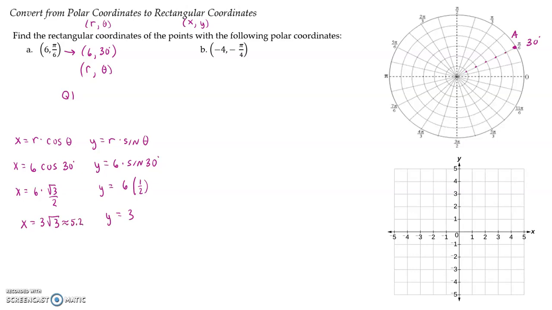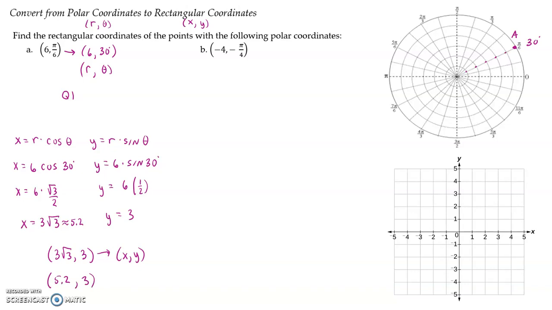So when I go to plot my point, as an exact value, I have 3 radical 3, comma 3. This is my xy point that I'm going to be plotting. This is roughly the same thing as the point about 5.2, and then up 3 units.